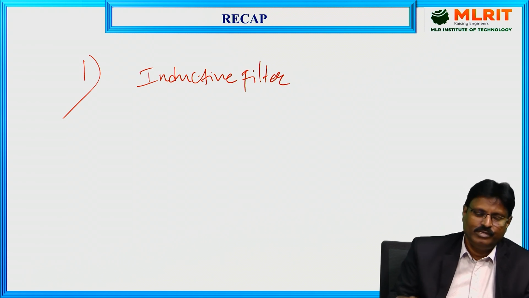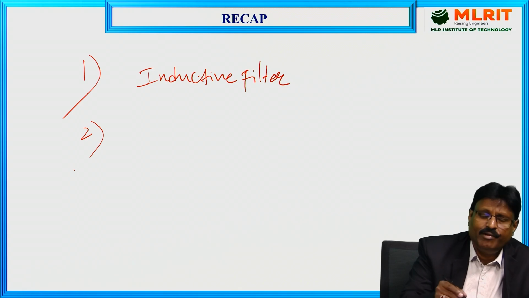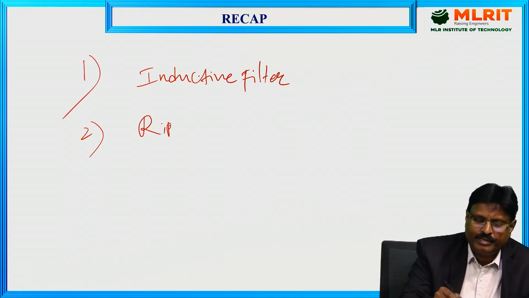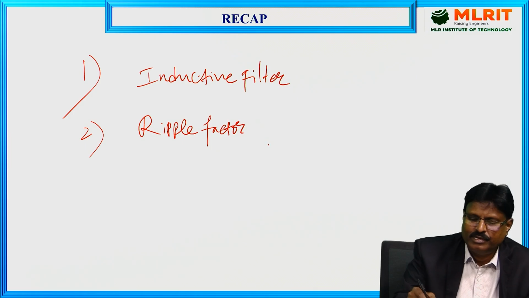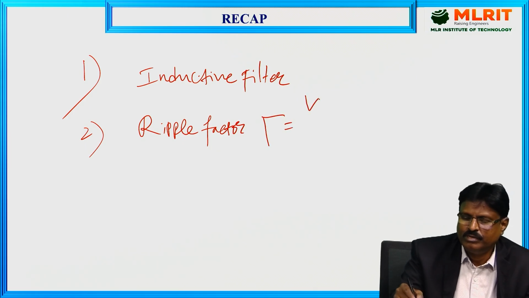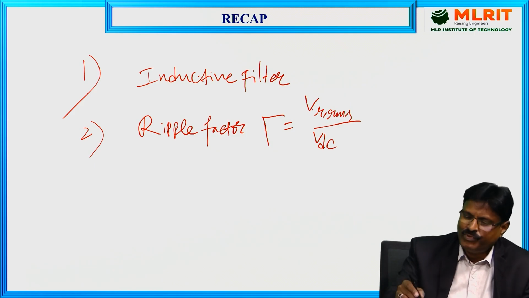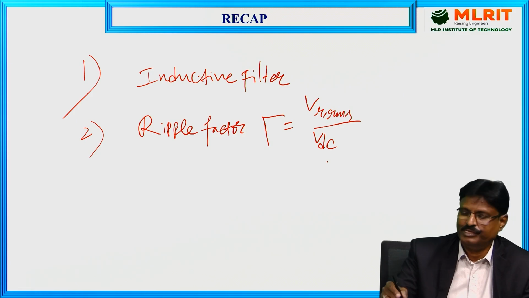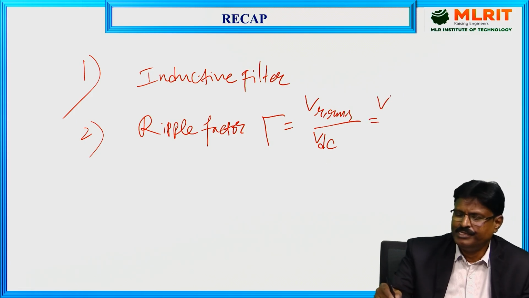Next we derived the ripple factor. The formula is tau is equal to VrRMS by VDC, where VrRMS means the RMS value of the AC components by the DC voltage. This can simply be written as VAC by VDC.